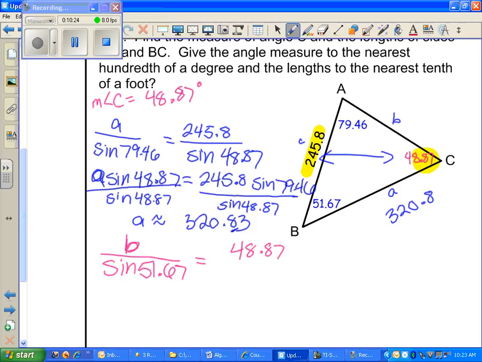Oh, that was my angle, whoops. Got to put the side over the sine of the angle. So the side was 245.8. I'm using side C and then angle C, sine of 48.87.